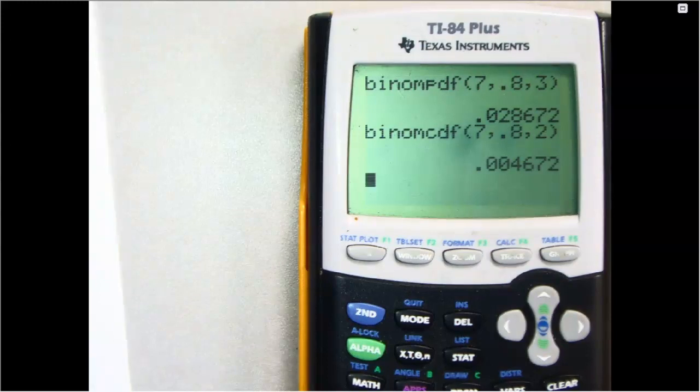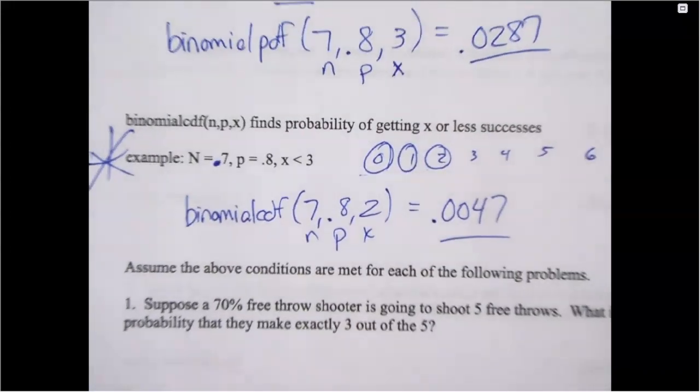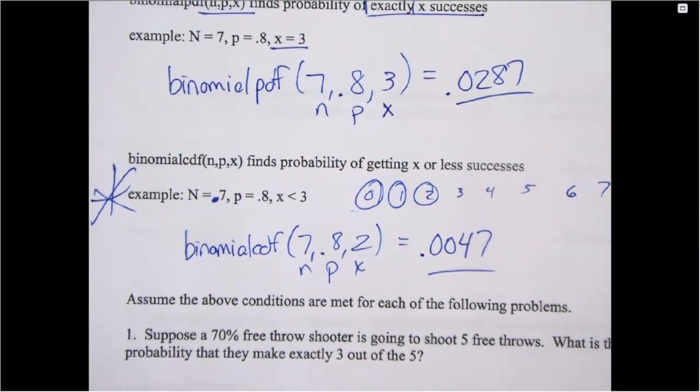Alright, how else could I have done this one without using CDF? If you don't know CDF, and I say find the probability of less than 3, we just took PDF, right?